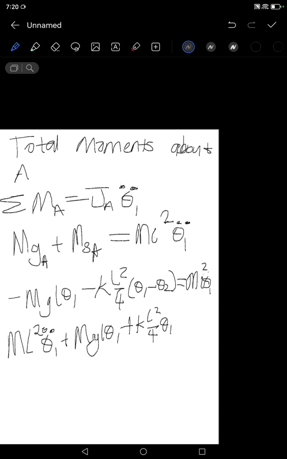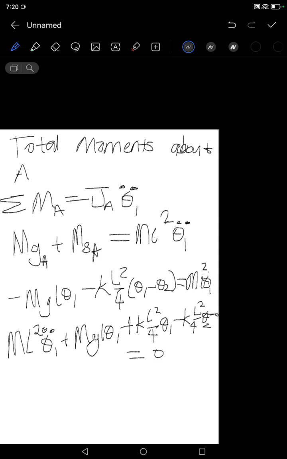The negative kl squared over 4 multiplied by negative theta 2 is a positive, and when it goes to the other side it becomes a negative kl squared over 4 theta 2, all equal to 0. Okay, so this is our first equation of motion.